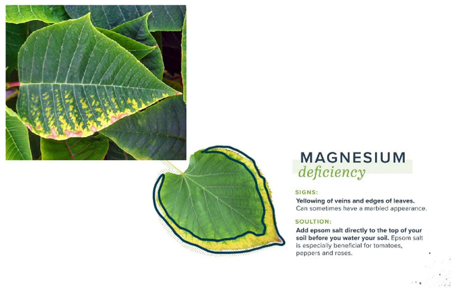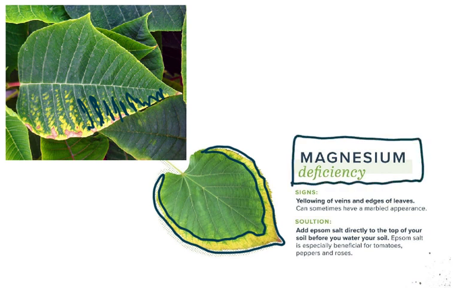Magnesium deficiency is yellowing of veins and edges of the leaves, which can sometimes have a marbled appearance. Again, you can see here a lot of yellowing of the leaves, all this area in between the veins. So again, going back to the question we were doing, this is what I wanted you to see, the appearance of it when it is because of magnesium deficiency.